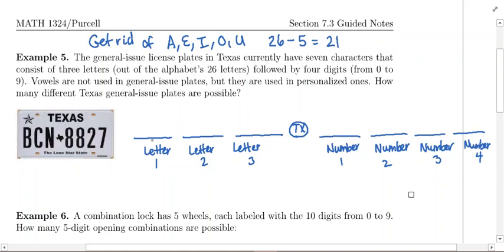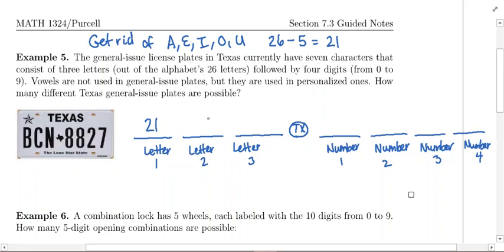If we start on the left side of the license plate, for letter number 1, there are 21 letters to choose from. The capital letters, no vowels, only the consonants. Now keep in mind, we can repeat letters. There's no mention of any kind of restriction as far as repetition goes. You can repeat letters.